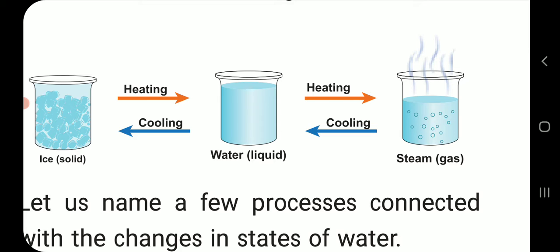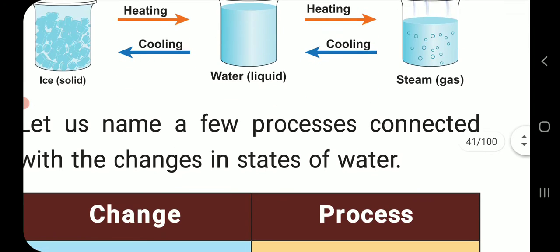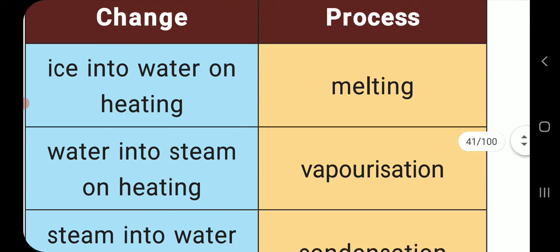See, these are the three states of water, formed in three different forms, that is solid, liquid and gaseous form. This is a typical example of a physical change.